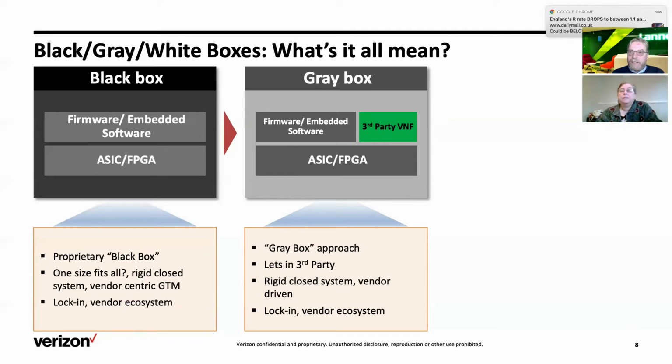The gray box is still in control of a single vendor, which allows making resources available for a virtual network function from a different vendor. So meaning that you're still in that lock-in mechanism to that gray box vendor, and the gray box vendor will control how much resources are allowed for a third-party VNF.